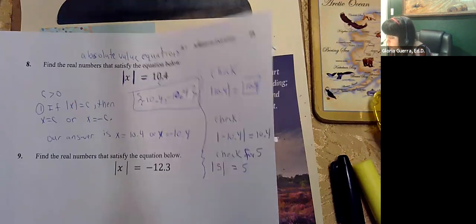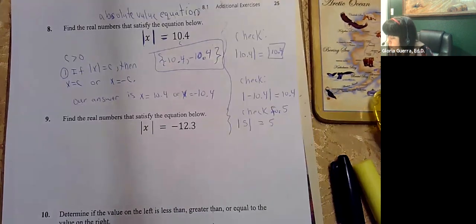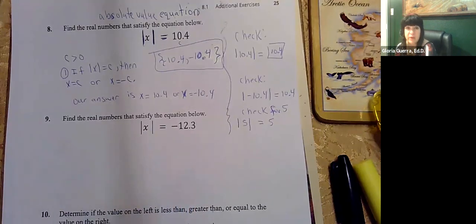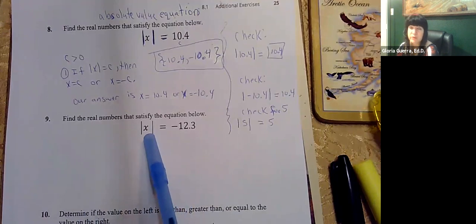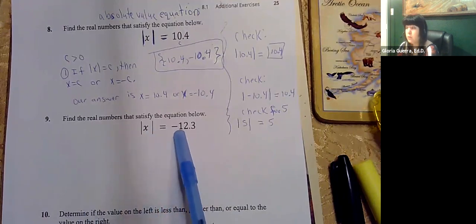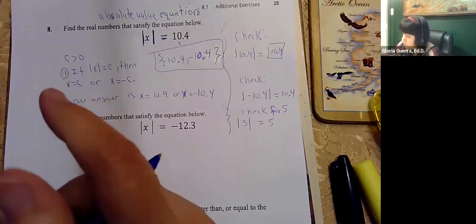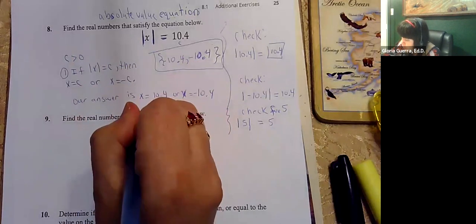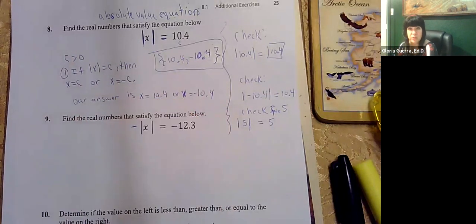Okay. Now I need to show you this one. Absolute value of x equals negative 12.3. So you remember that I told you that the only way when you work with absolute values that it could end up being negative would be if you had the negative also out here. Remember I mentioned that?